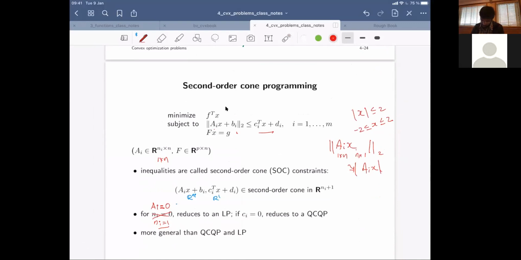So yeah, one obvious way to see this is, for example, here, let's just take c_i to be 0. Then see how that is a QCQP.